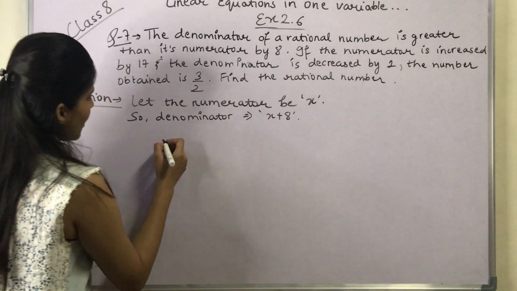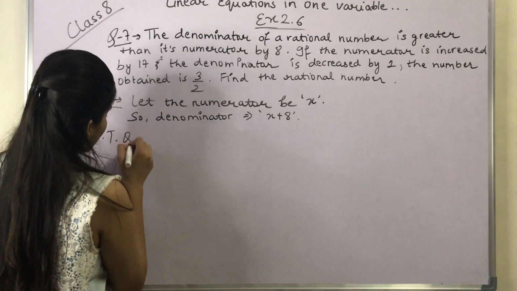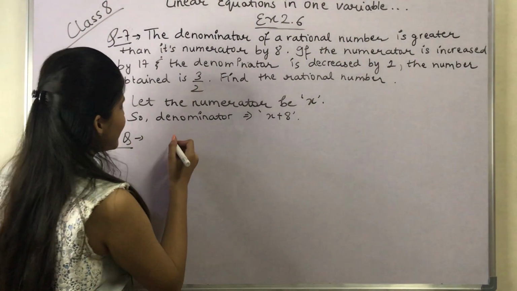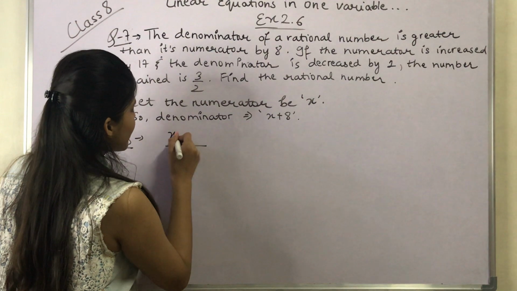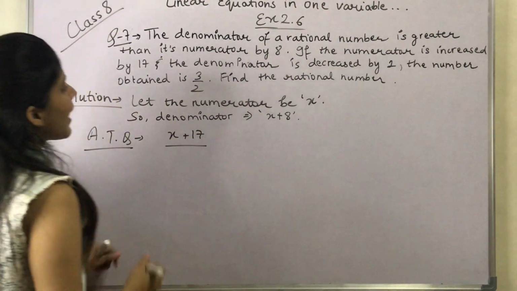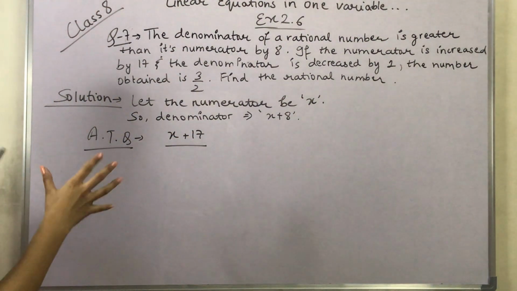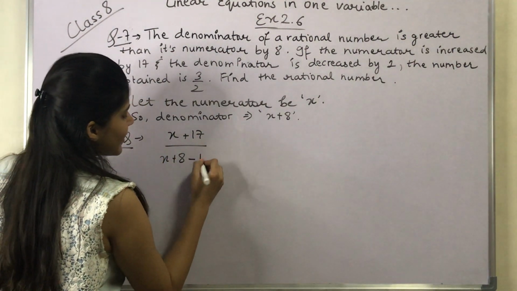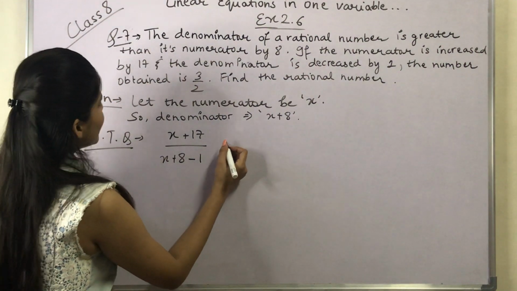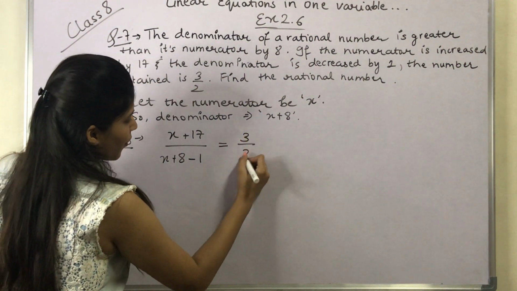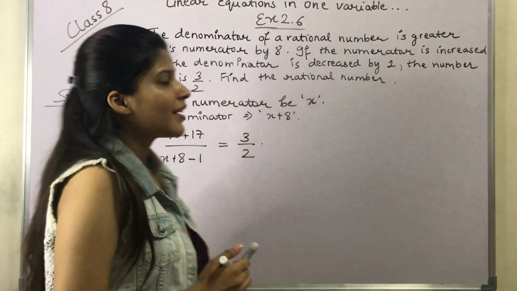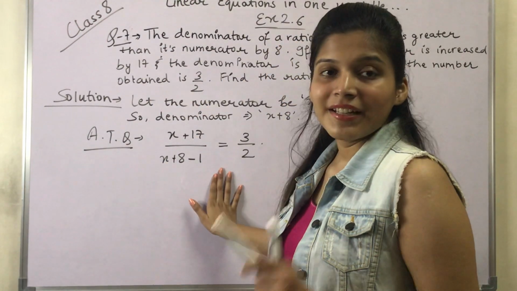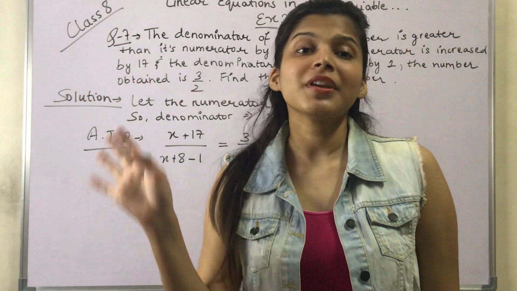So according to question, if the numerator is increased by 17, x plus 17, and the denominator is decreased by 1, denominator x plus 8 है, it is decreased by 1, then the number obtained is 3/2. So हमने क्या किया, we just read the question and did the formalities according to the question, और हमारे पास अपने आप ही equation आ गई.